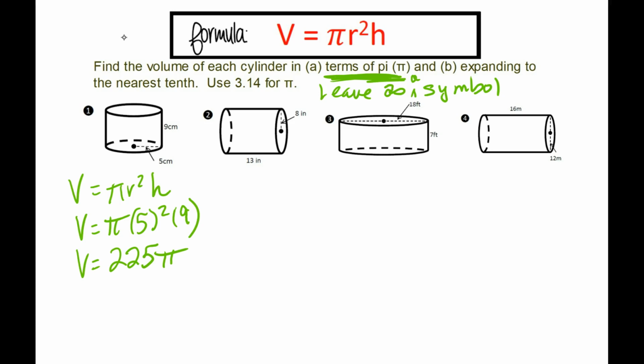Now, if I want to expand to the nearest tenth, what should I do? I should now turn pi into 3.14. So now V is equal to 225 times 3.14. Y'all, please, it says tenth, okay?